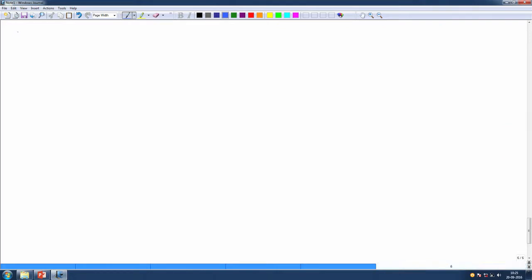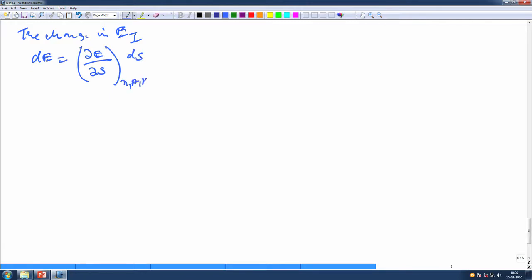The change in EI, that is what we are interested in, the change in the energy of the interface, is basically given as dE. Once again we can write it like this, in terms of S, N, A and K. K here is the curvature, and this is of the interface only, recall.